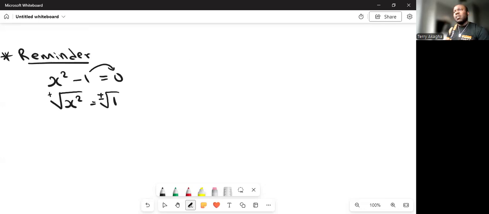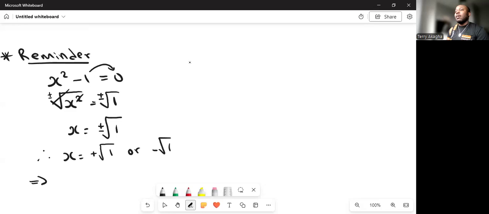The square root cancels the square, so x is equal to plus or minus square root of 1. So x is the positive square root of 1 or the negative square root of 1, and x is equal to 1 or minus 1. That will be the answer.